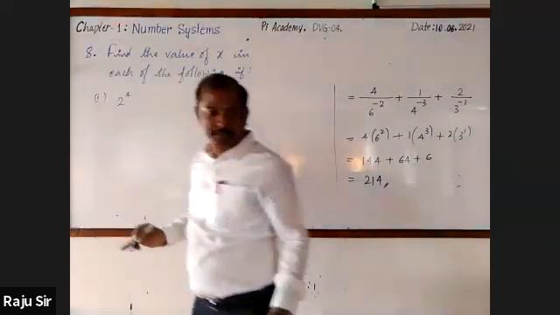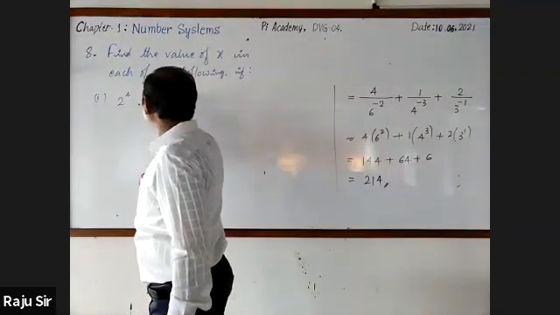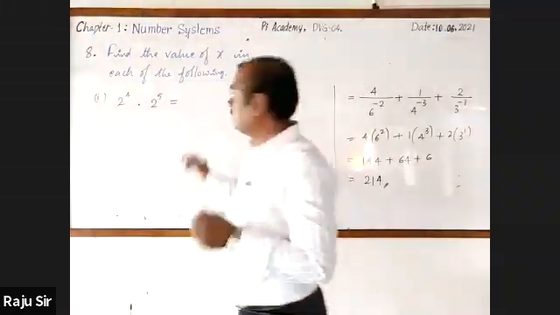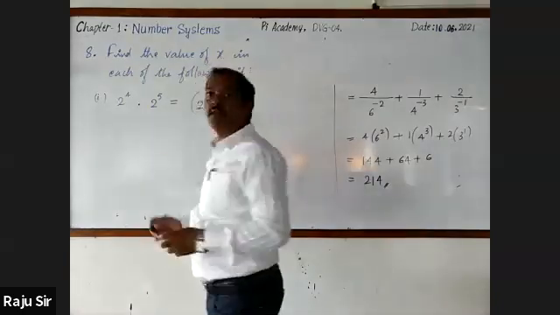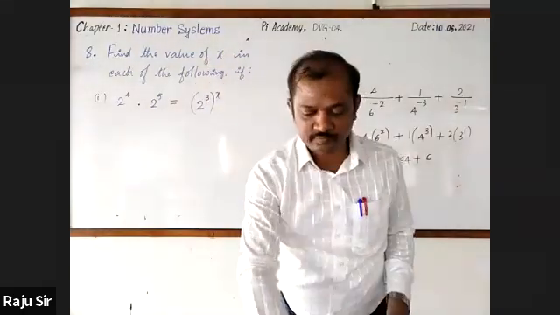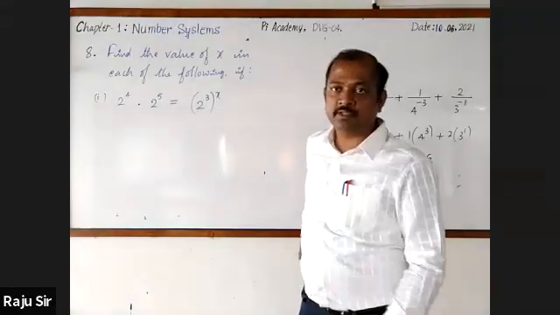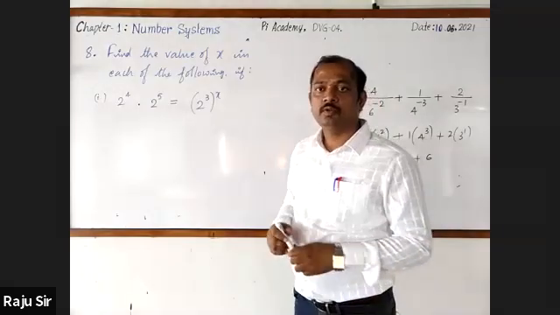2 raised to the power 4 into 2 raised to the power 5 is equal to 2 raised to the power 3 whole raised to the power x. It should be solved. Let me teach that. Look at them.